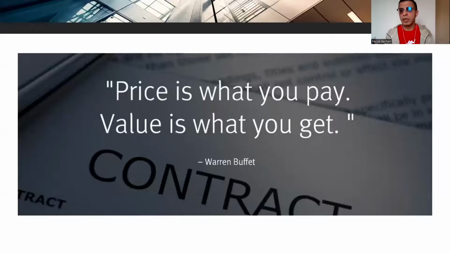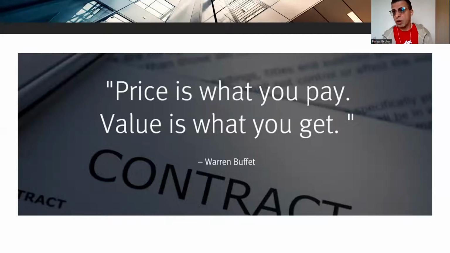Before we start explaining that, we need one basic idea as an IT person or as an IT consultant. We can bring in this idea of Warren Buffett: price is what we pay, and return is the value, what we get.